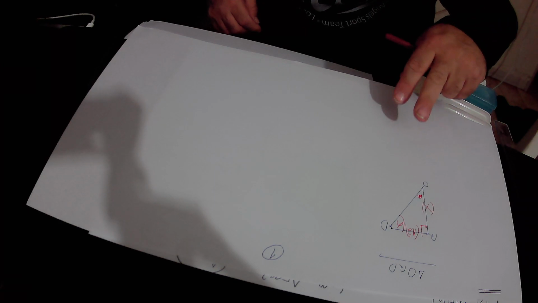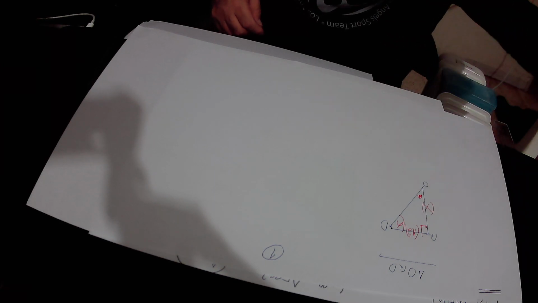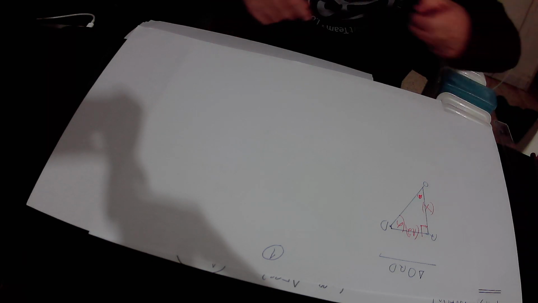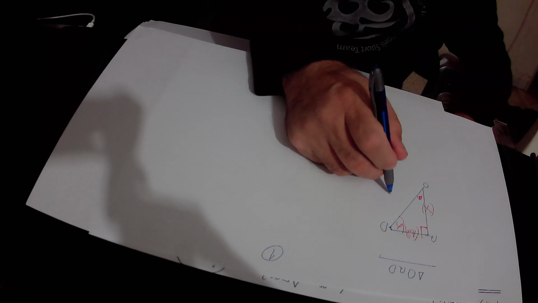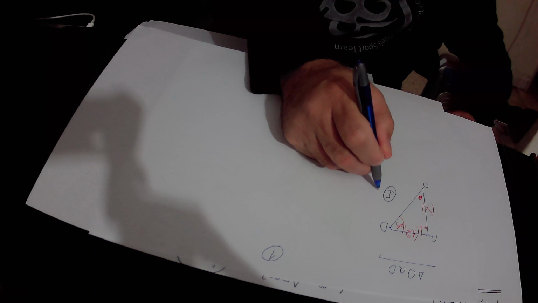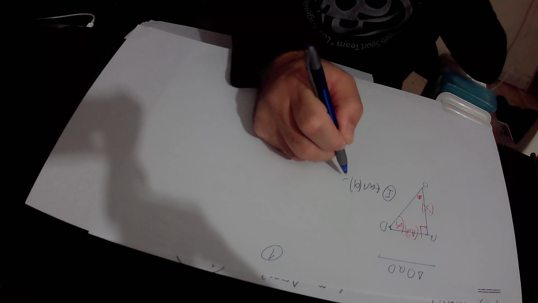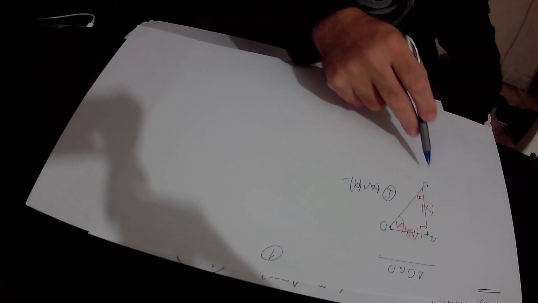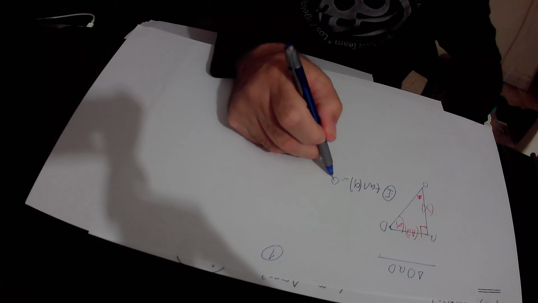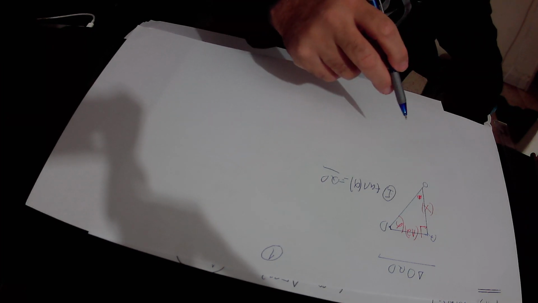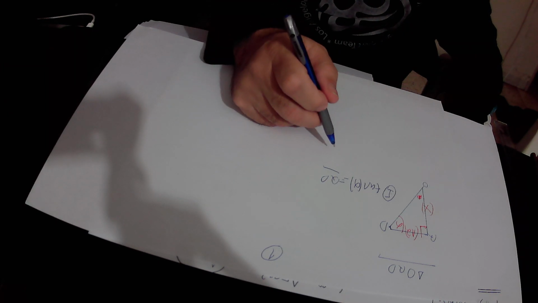In this right triangle QDO, we will get that tangent alpha equals QO over QD.